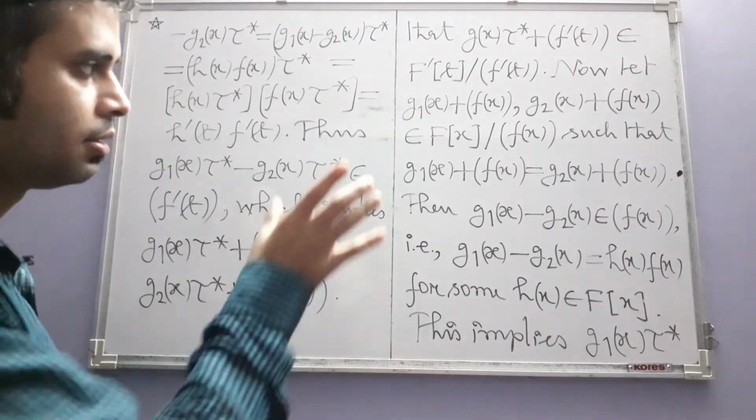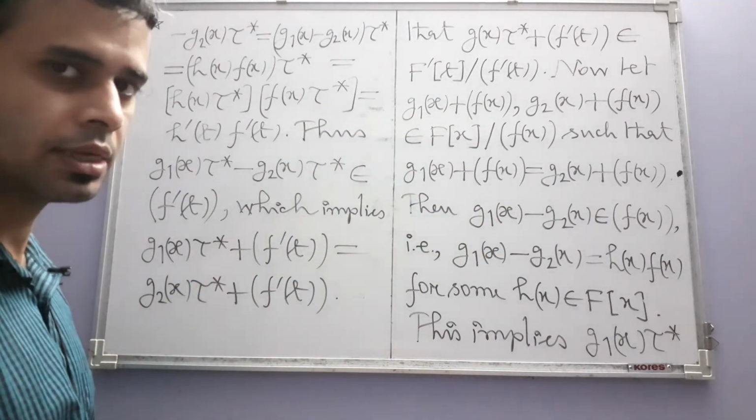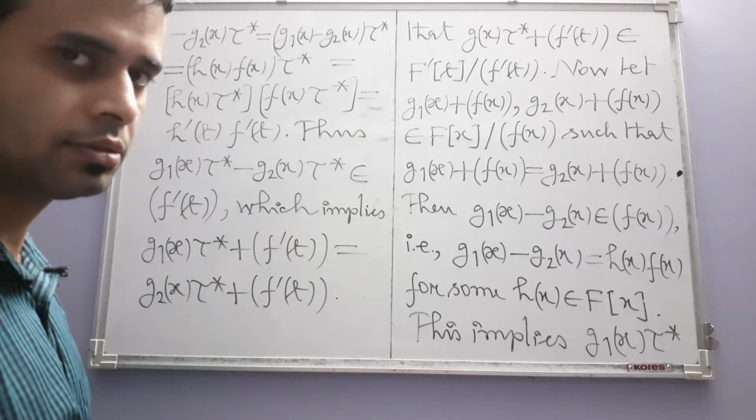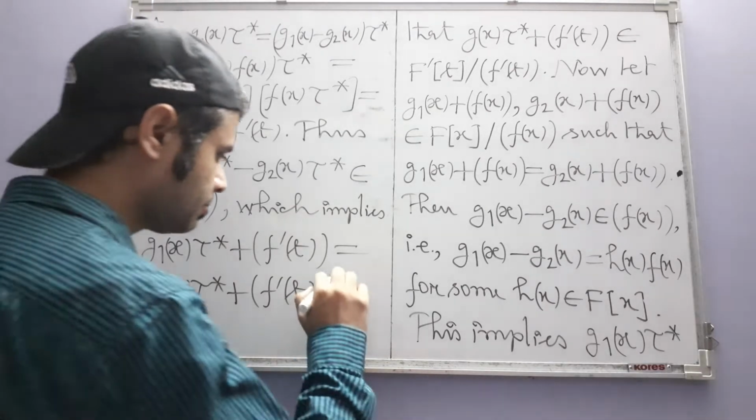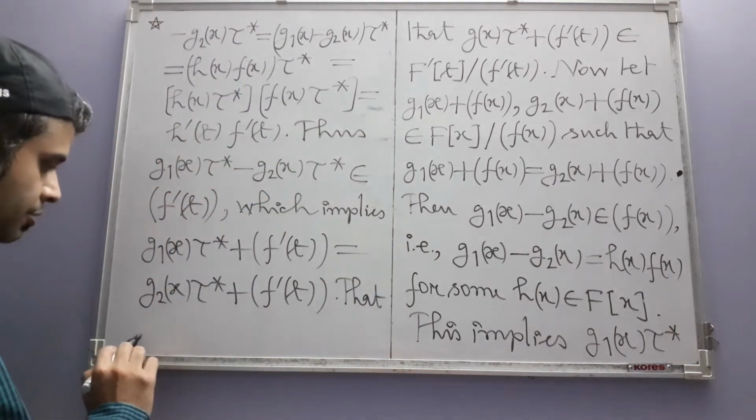So that means when inputs are equal, outputs are equal. So tau star star gives us a unique image for every input.